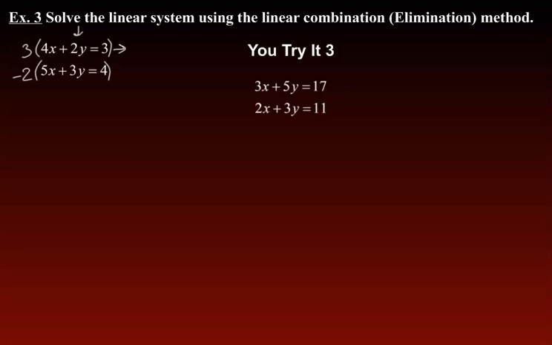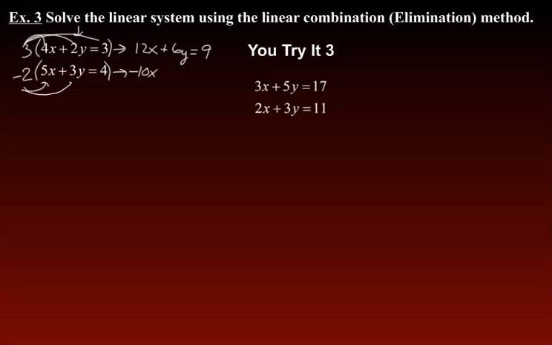So multiplying the first equation by 3, I get 3 times 4x is 12x. I have 3 times 2y is 6y. And I have 3 times 3, which equals 9. On my second equation, I'm taking negative 2 times 5, which is negative 10x.